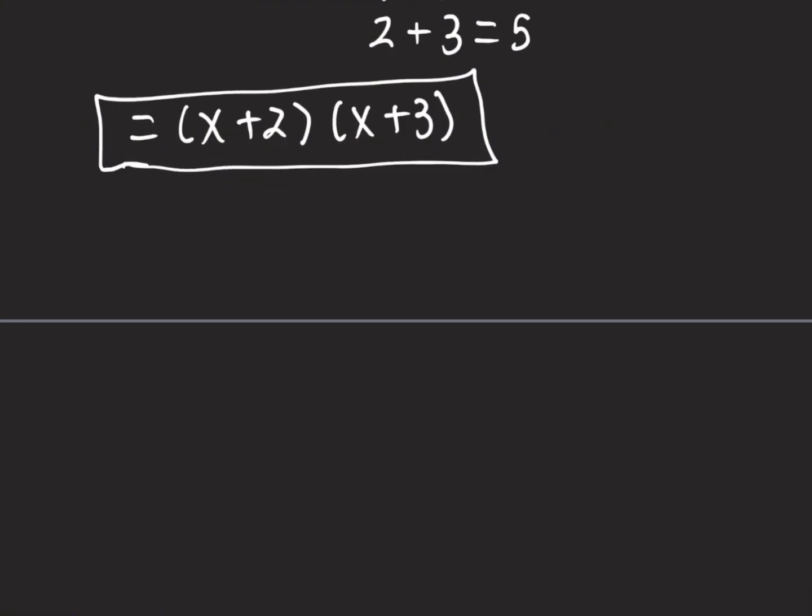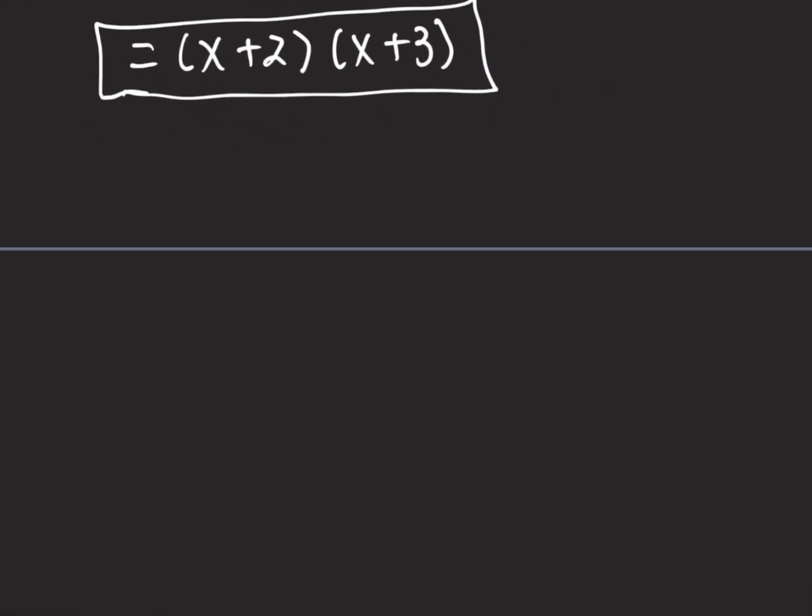So if we go on to this next page here, let's try another one. So let's say we have x squared plus 7x plus 10. So once again we check, well, our a is just equal to 1, and we have our b and our c terms. Now let's think of numbers that multiply to 10.